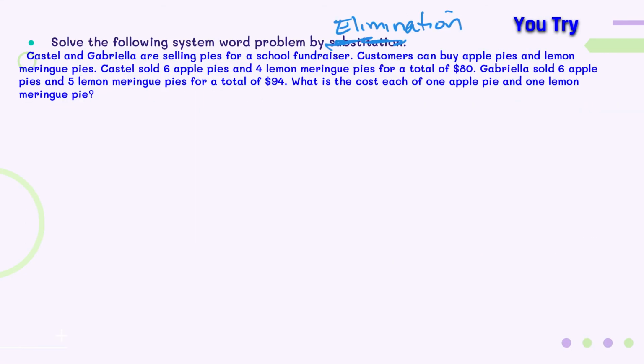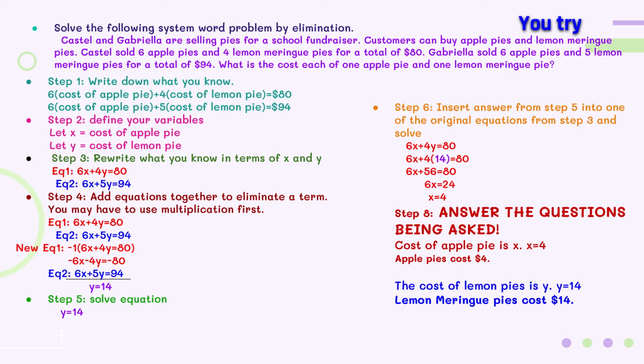So here's a you try problem. Solve the following system word problem by elimination method. And check your work on the next slides. Here is the solution to the previous you try problem, all worked out. Remember, if you're struggling, you can come back into the live session during our assigned class period and ask for help.